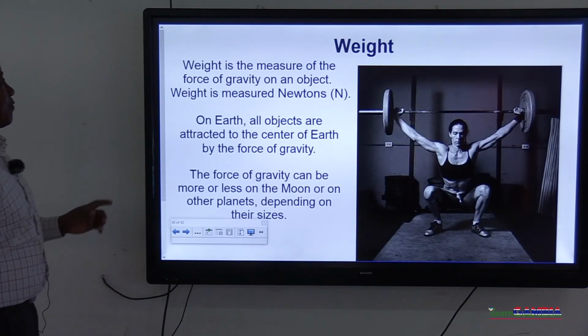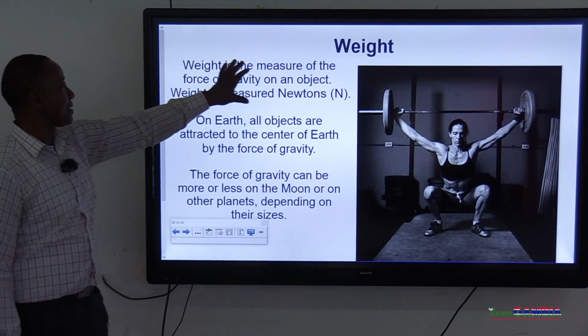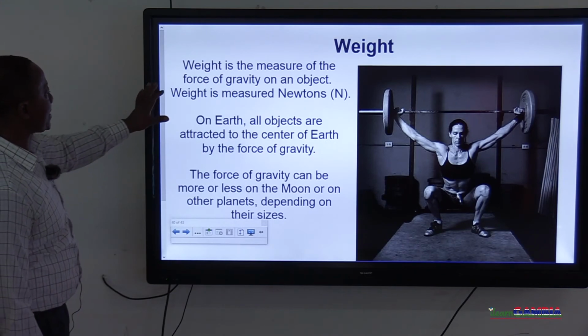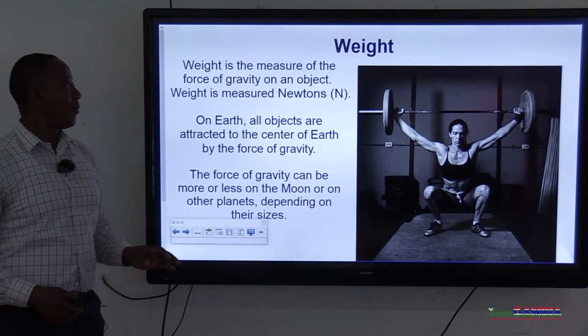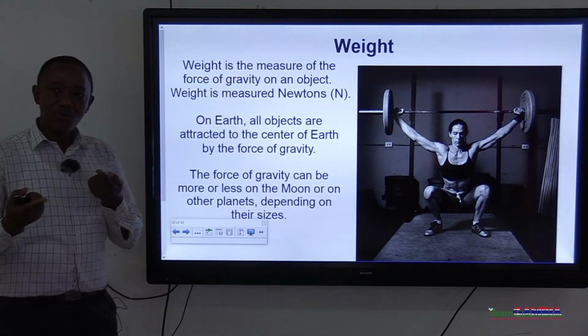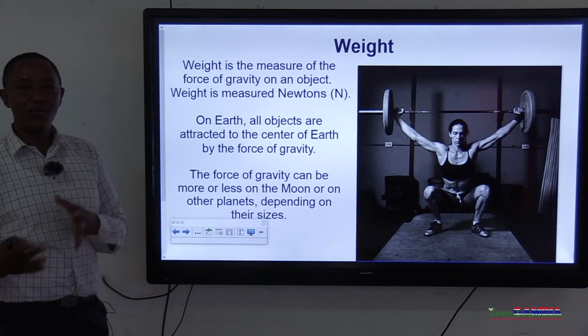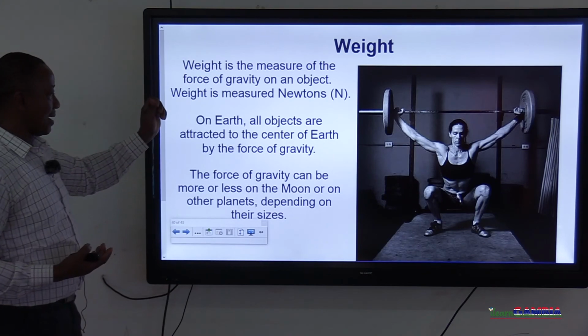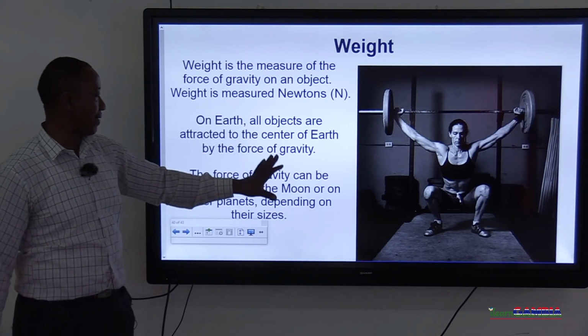And weight, on the other hand, is a measure of the force of gravity on an object. Weight is measured in newtons. Why are we looking at weight? Because we often confuse mass and weight. On Earth, all objects are attracted to the center of Earth by the force of gravity.